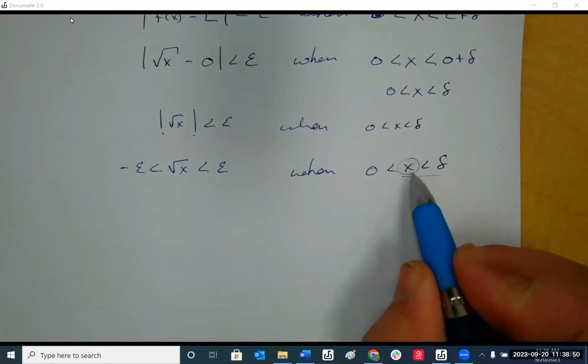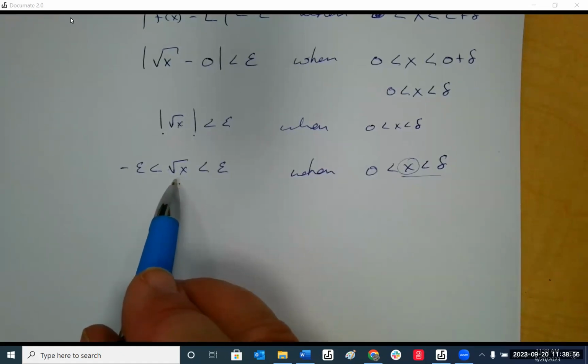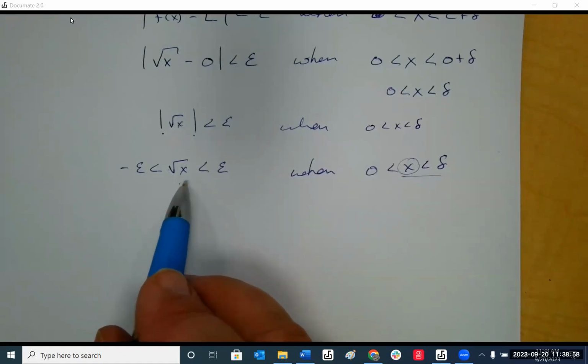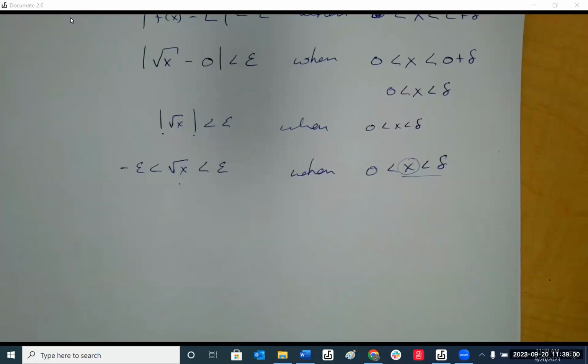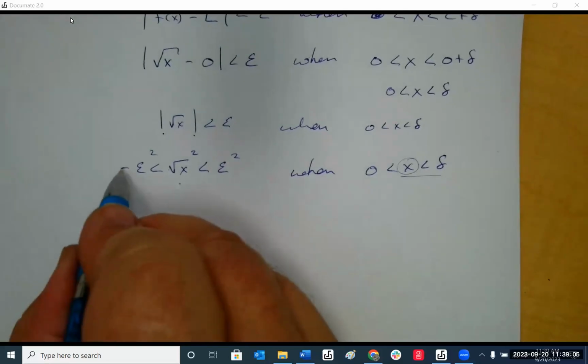We have to try to get x by itself in here. How do we do that next? How do we get x by itself? You have to square both sides. Yeah, square everybody.